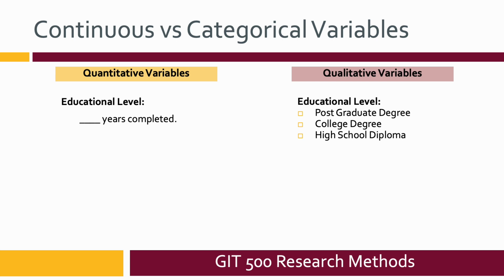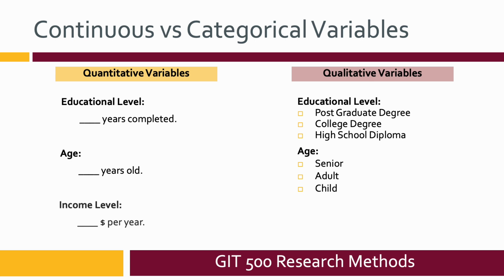You would be counting the categories, right? Another example is age. Same thing. Quantitative, however many people you had, if you had 50 people, you could get 50 different answers. Probably not, but that's a possibility. The age, again, you would have categories, and then income level, same thing.